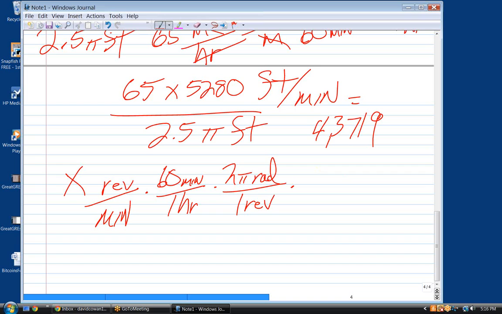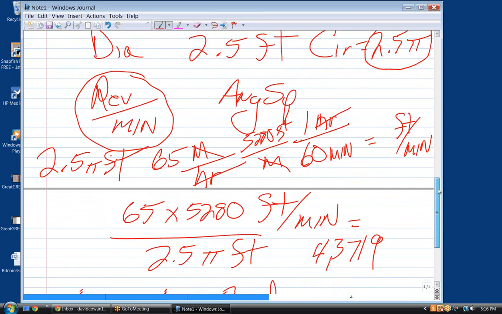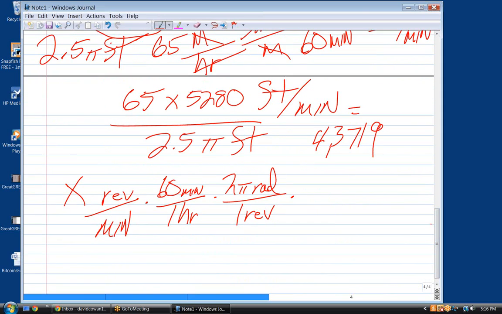In your case the wheel radius is 1.25 feet, which is 15 inches per radian, times 1 foot per 12 inches, times 1 mile per 5280 feet, and they came up with miles per hour.